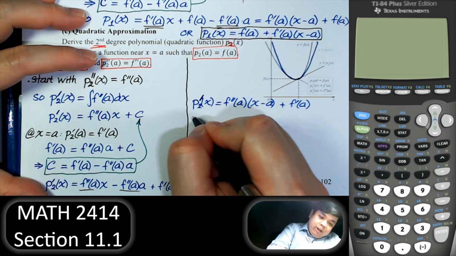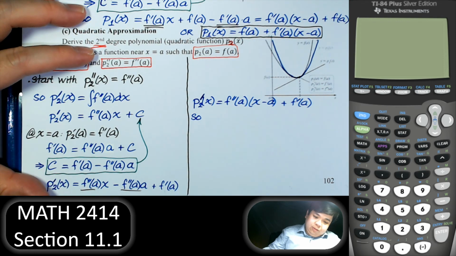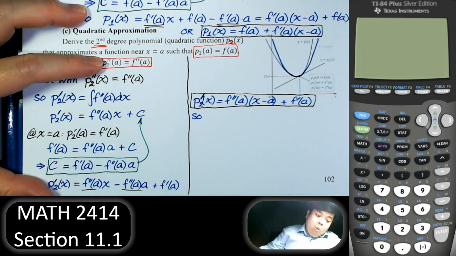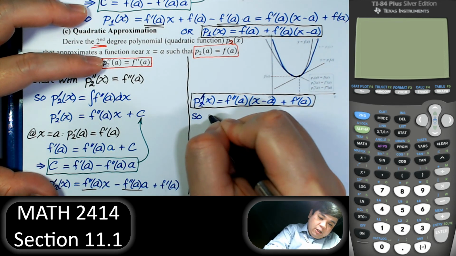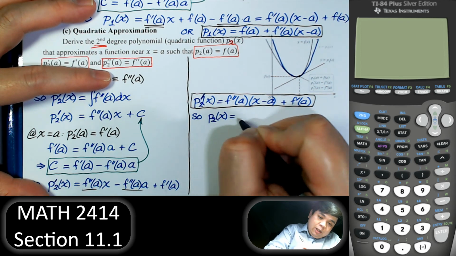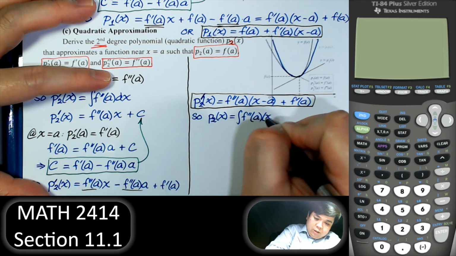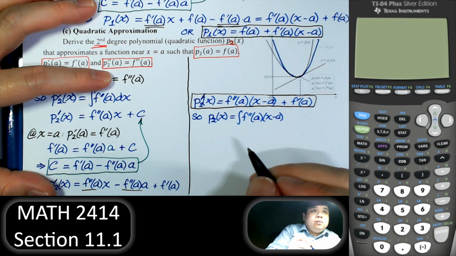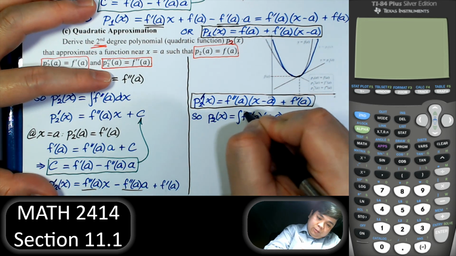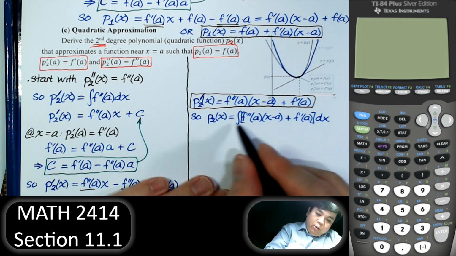Now to undo the derivative and get back to the function, this is what we have. Now undo it, integrate one more time. P2 of x equals the integral, and we integrate that.